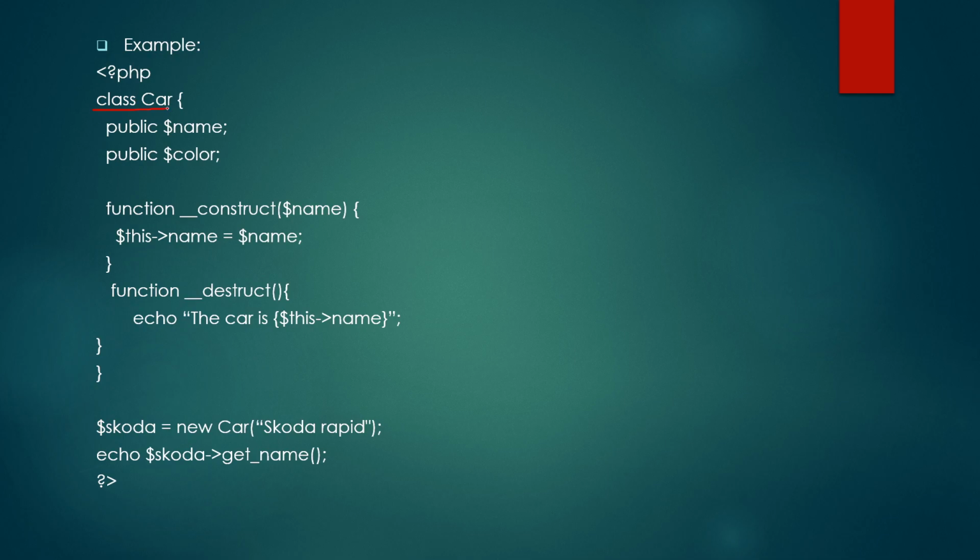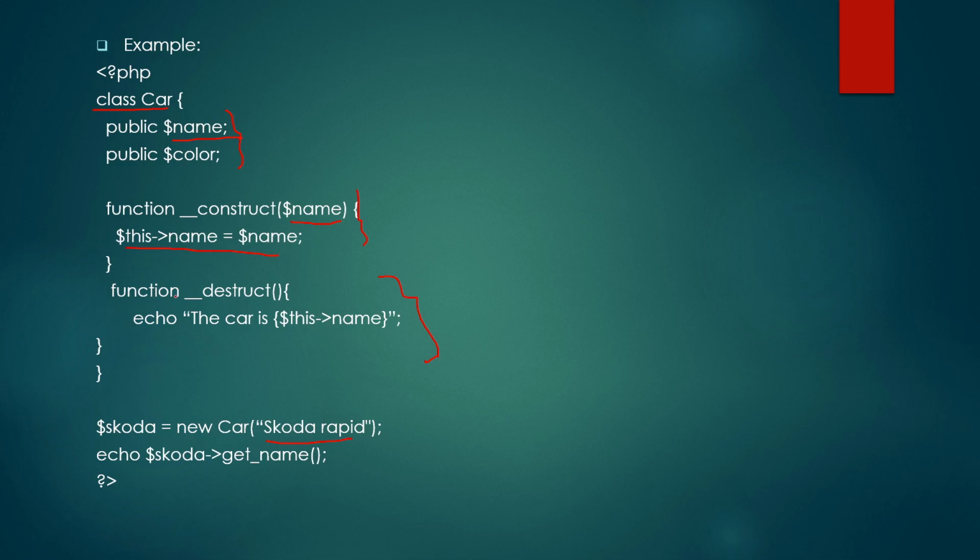We have a class, we have two properties, we have one constructor, and we have here one destructor. Now what is happening? This constructor is used to initialize this variable. It is quite straightforward. This value will be stored inside this variable, and we are just assigning this value to this variable name.